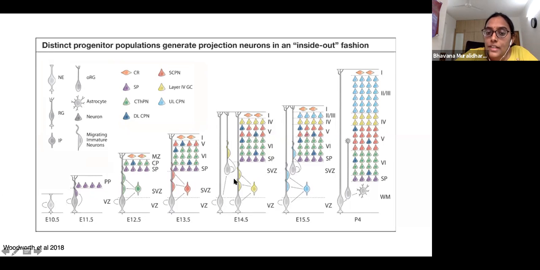By this time you also have some outer radial glia. So the expanding cortex is produced both from the outer, or basal, radial glia and the intermediate progenitors.